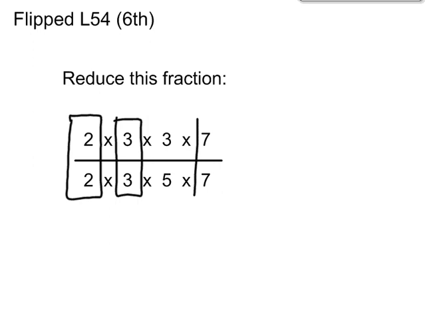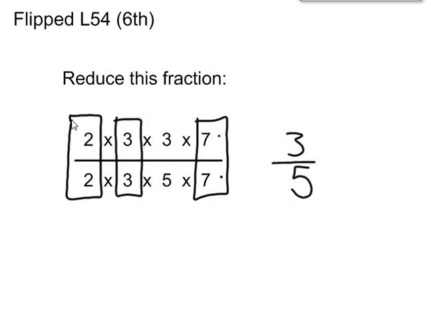And finally, you notice that 7 over 7 is equal to 1. And so in the end, what I have here is 1 times 1 times 3 over 5 times 1. And just like that, we reduced our fraction to equal 3/5.